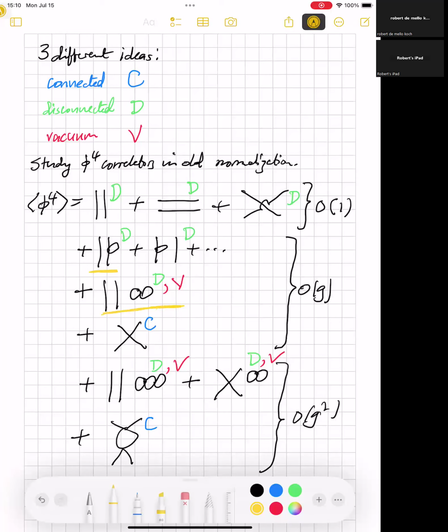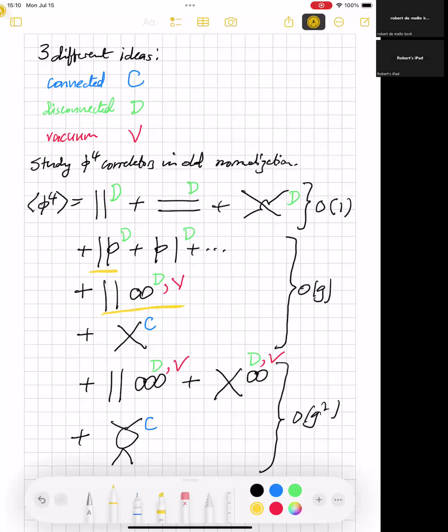Our first particle propagates along and does nothing. Our second particle propagates along and does nothing. And then that figure of 8 diagram on its side, or the infinity sign, that's the vacuum doing something on its own and not interacting with our particle. So the top gold diagram is disconnected but not vacuum. The bottom gold diagram is disconnected and it's vacuum.